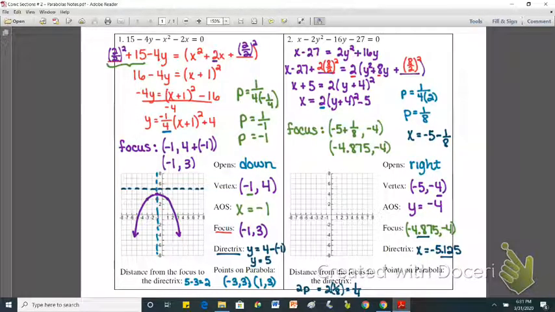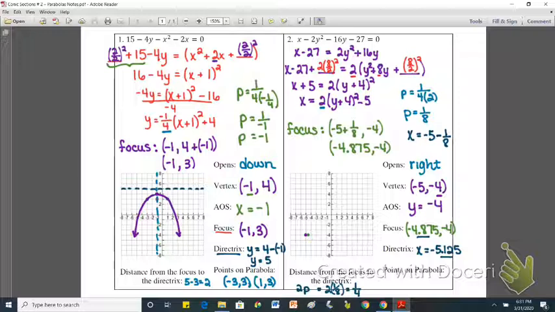So let's get back to our last graph. So first things first, I'm going to plot my vertex. So I'm going to plot -5, -4. Okay. From there, I'm going to plot my focus. So that is really, really close to it. Okay.